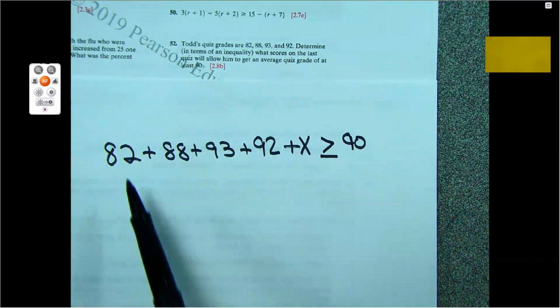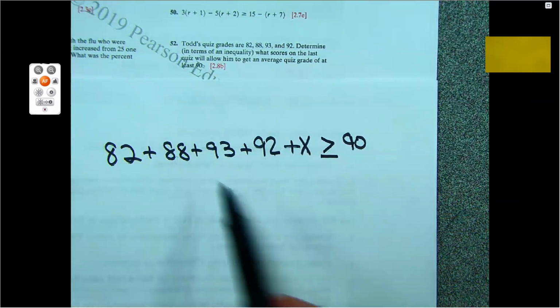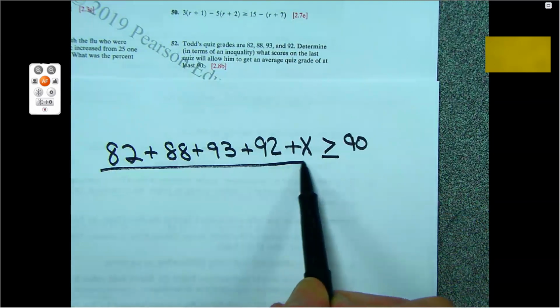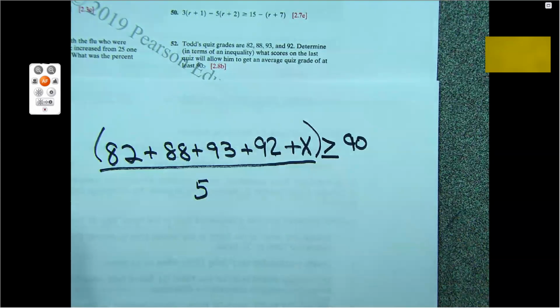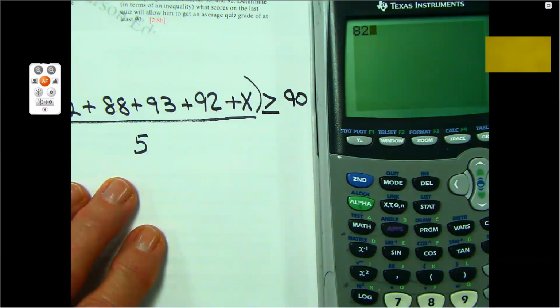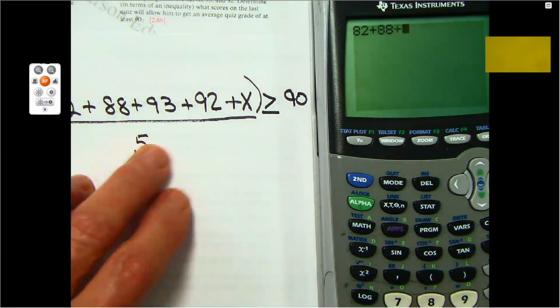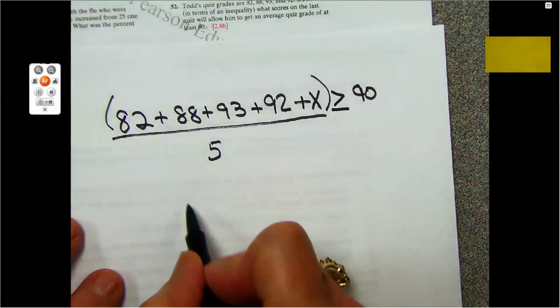So how many data items do we have? 5. So we're going to divide by 5. So let's see, I can add 82 plus 88 plus 93 plus 92 and get 355.